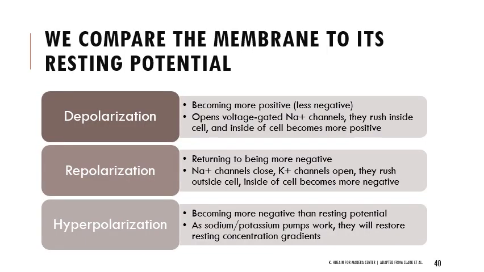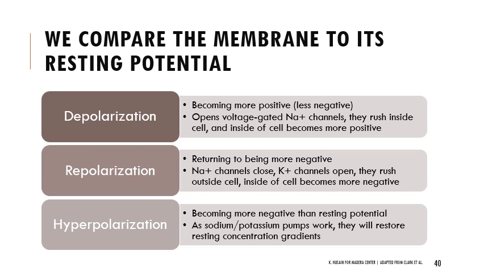I wanted to define some of these terms that I've already been using and introducing. Depolarization means becoming more positive and less negative. Remember, resting membrane potential is -70. So when we move away from that to become more positive or less negative, that process is depolarization.